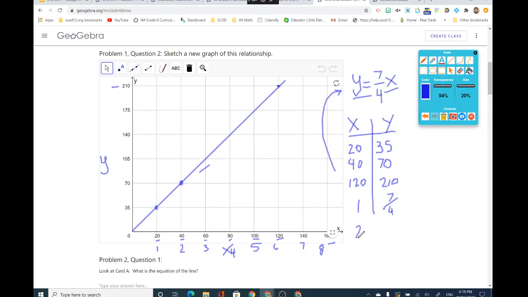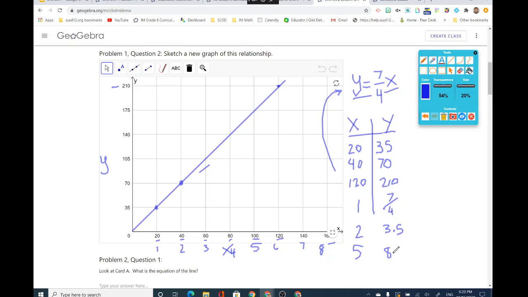And when x equals 2, then y would be equal to 14 divided by 4. 14 divided by 4 reduces to 3.5. And when x equals, let's go up to 5. When x equals 5, then y equals 35 divided by 4, which is 8.75.